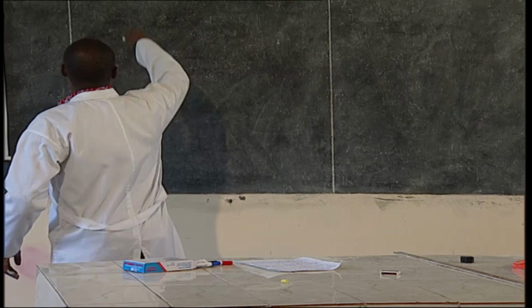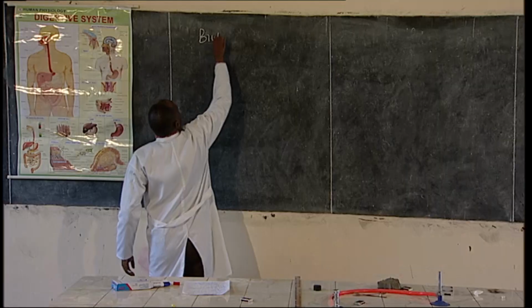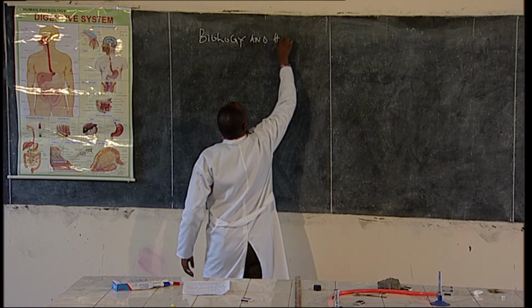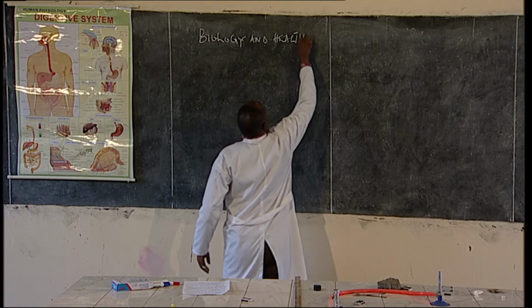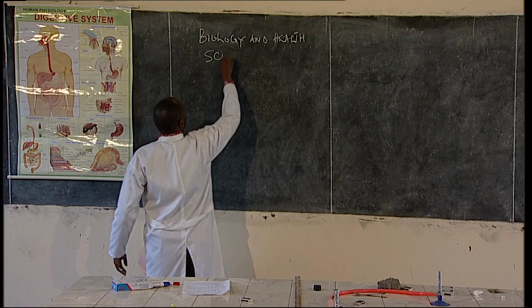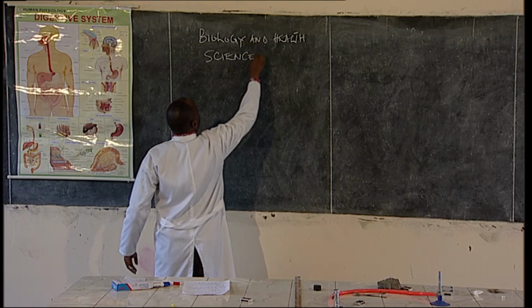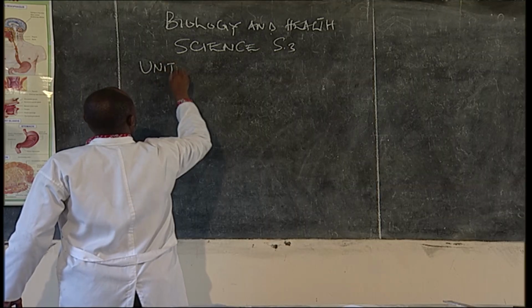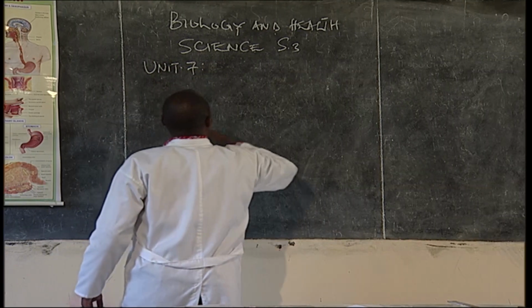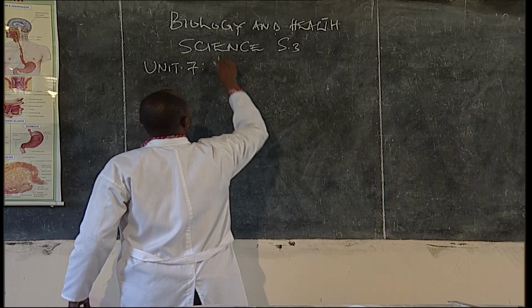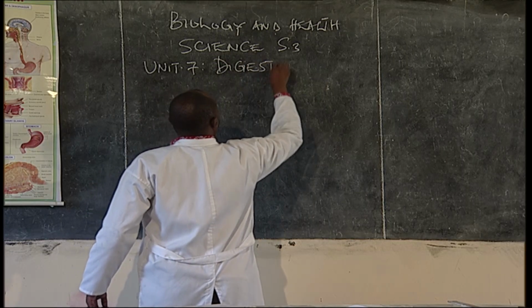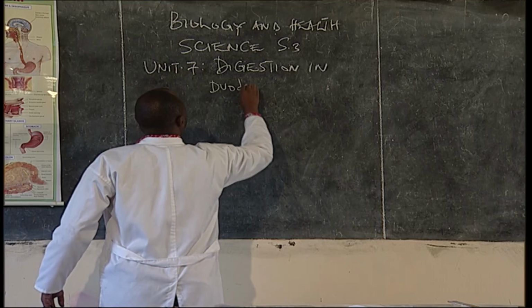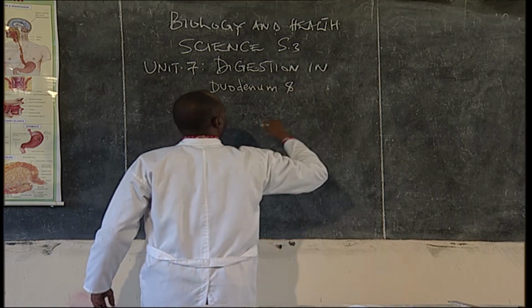So the lesson this is biology and health science, thin year 3, unit 7, which is concerning digestion in the duodenum and ileum.